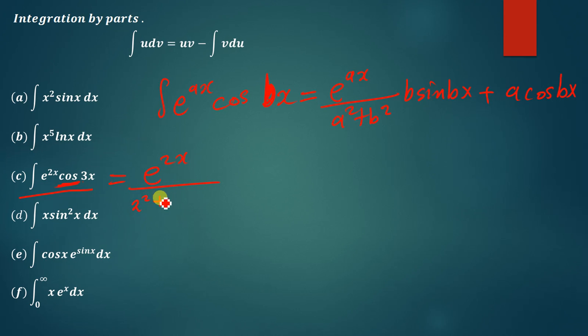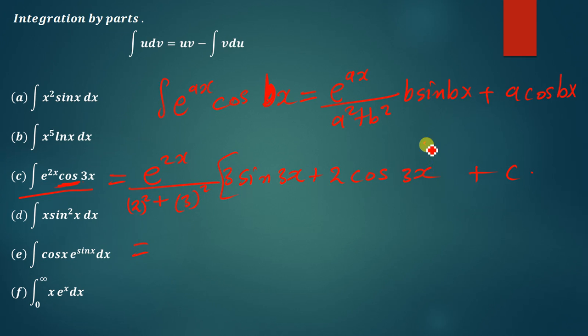I have 2 squared plus 3 squared, then sine 3x plus 2 cos 3x, then plus c. Here it's just a matter of simplifying. 2 squared is 4, 3 squared is 9. So we're going to have something like this as the final answer.